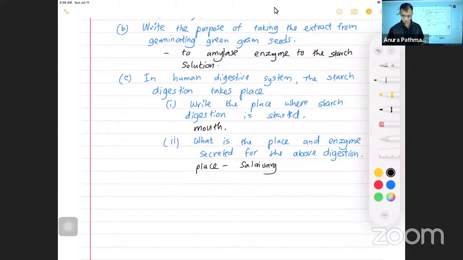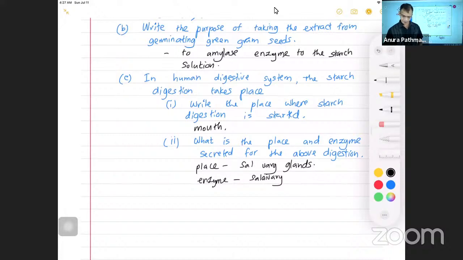And my next question, the enzyme. What's the enzyme? Salivary amylase. Saliva, you can say S-A-L-I-V-A, don't spell it.